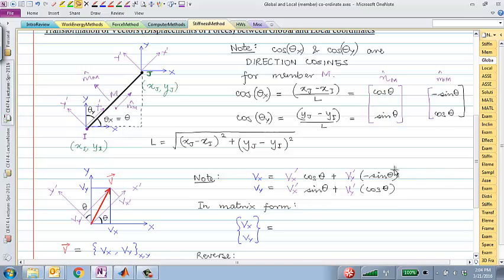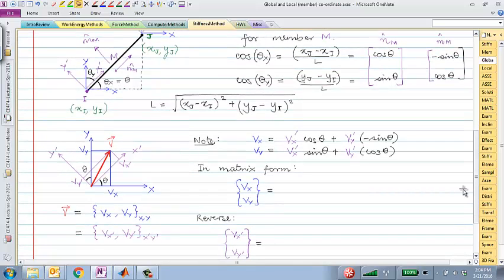And this type of relationship is very easily expressed in the form of a matrix. I can write that as cosine theta, minus sine theta, sine theta, and cosine theta. And by the way, if you haven't noticed yet, the local coordinate quantities, vx prime, vy prime, I'm writing in purple, and the global coordinate quantities I'm writing in blue.